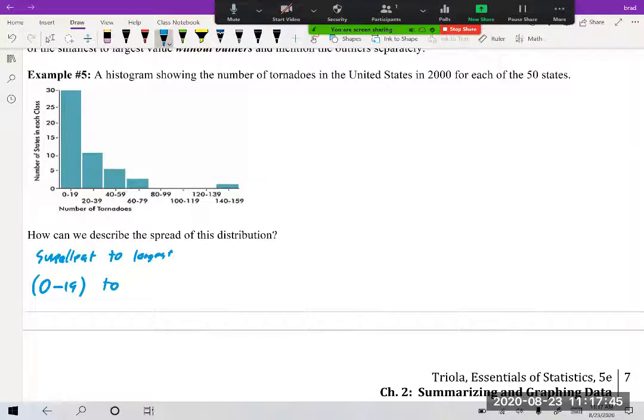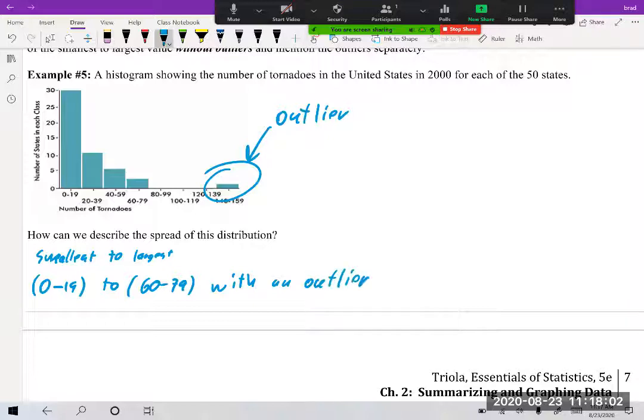And then the largest will be 60 to 79, okay? Now, why am I not talking about this one? Because I feel that this is an outlier, okay? So we're going to say with an outlier of the category 140 to 159, okay?